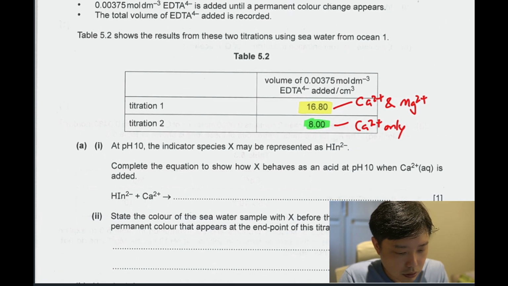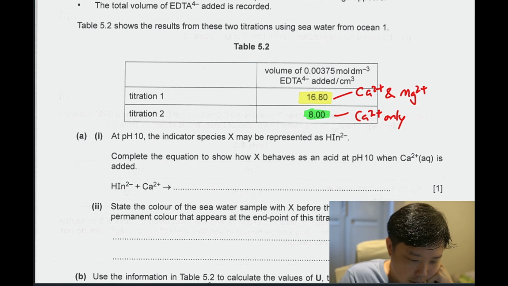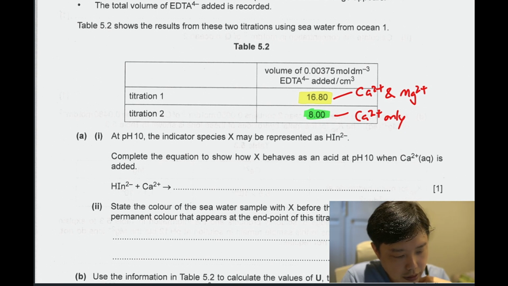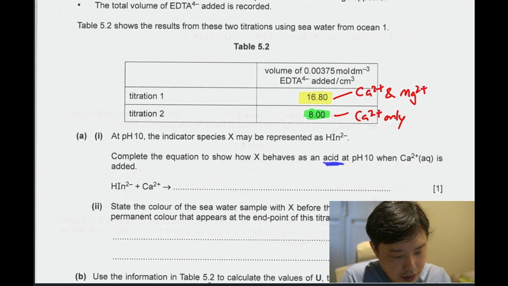Alright, let's get on to the first question. At pH 10, the indicator species may be represented by HIn2-. Complete this equation to show how X behaves as an acid. To behave as an acid, it needs to donate away this H+.